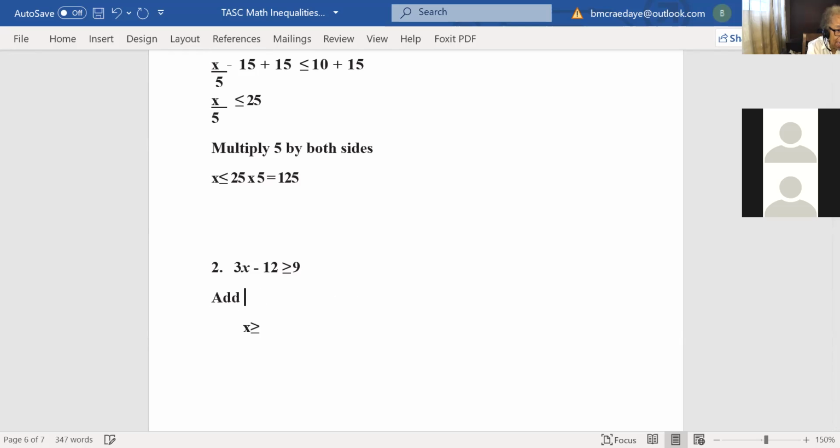Okay. So you're going to add 12 to both sides. See, this is a multiplication, 3x. This minus is subtraction. So you're going to do the add. So if you do the add to both sides, let's just copy that.